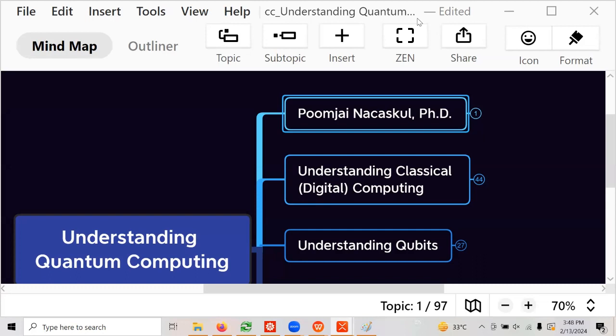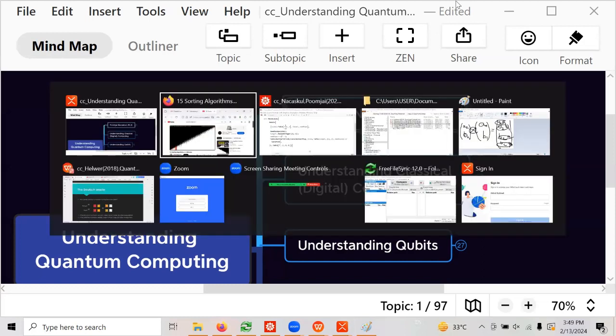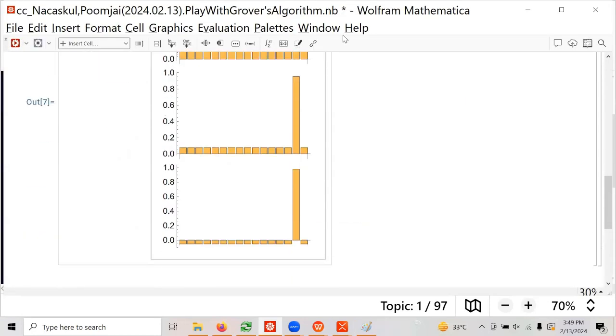Now in reality, they probably wouldn't run it once, maybe run it 1,000 times and get this histogram. But the point is, you can see this thing that I showed you earlier in Mathematica. If I square this, it's a probability. So even the first one, there's a high probability I'll get you.